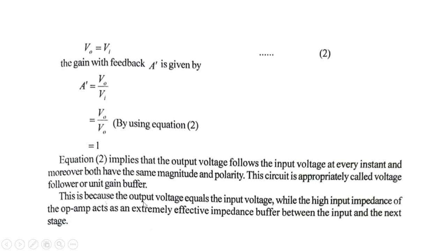This is because the output voltage equals the input voltage, while the high input impedance of the operational amplifier acts as an extremely effective impedance buffer between the input and the next stage.